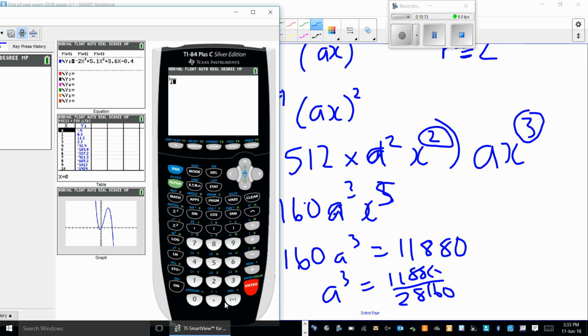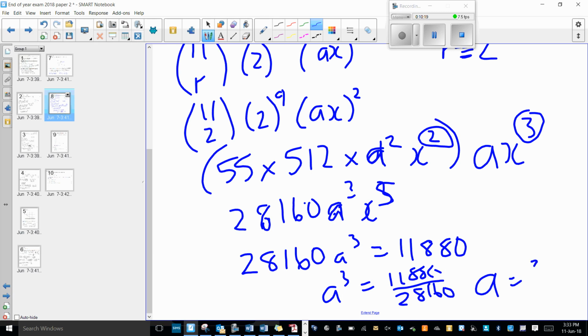Cube root the answer. So that's 3/4. Done.